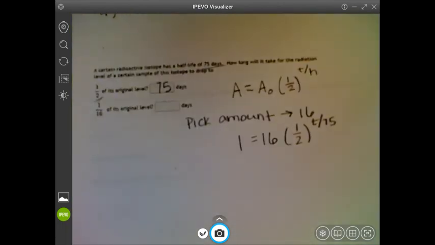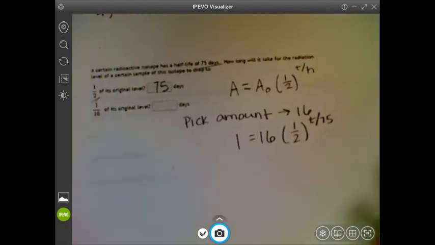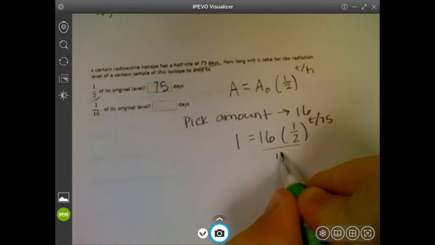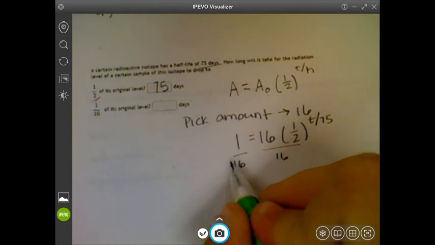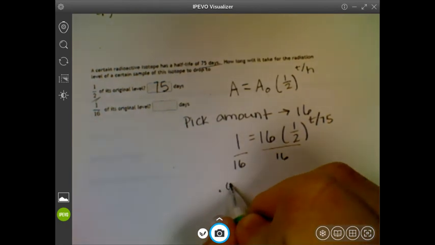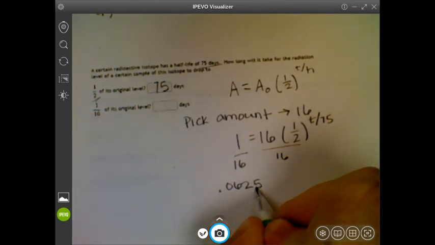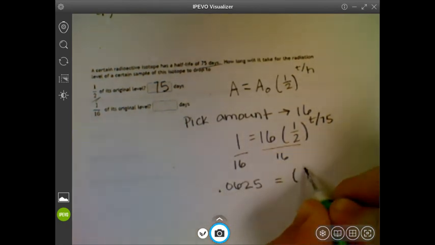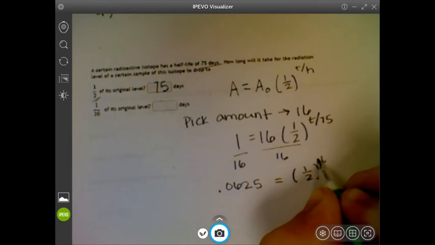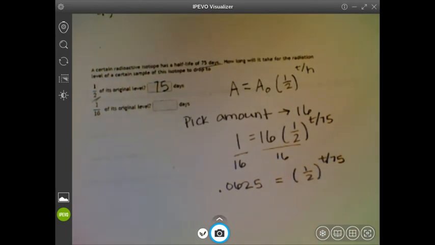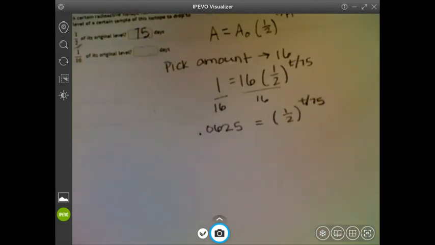All right, so we need to solve this equation for t. First step, divide both sides by 16. 1 divided by 16 is 0.0625, which equals 1/2 to the power of t over 75. From there, we have a variable in the exponent again.